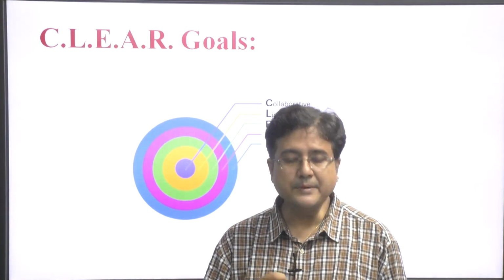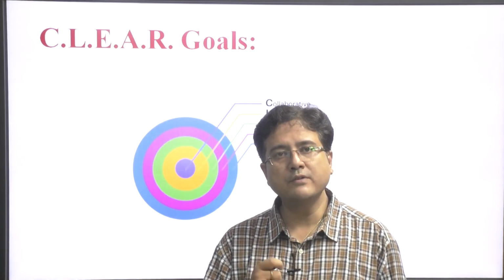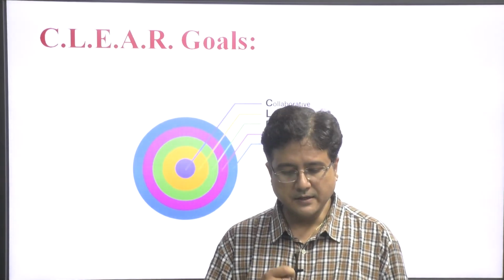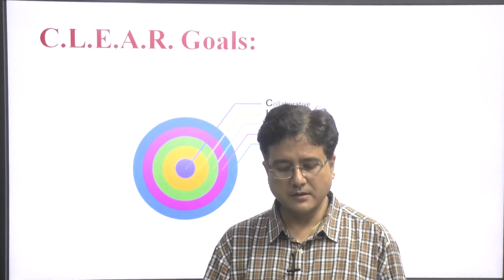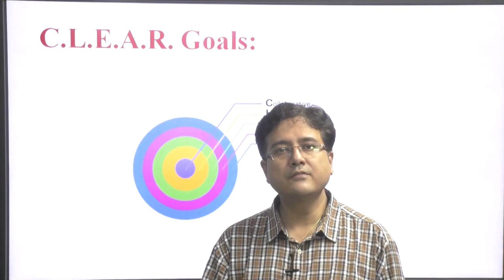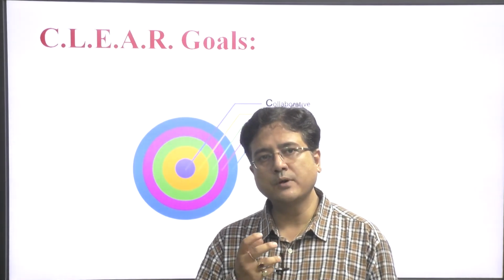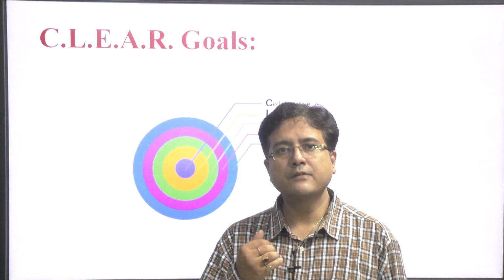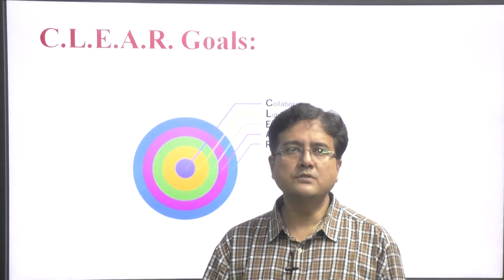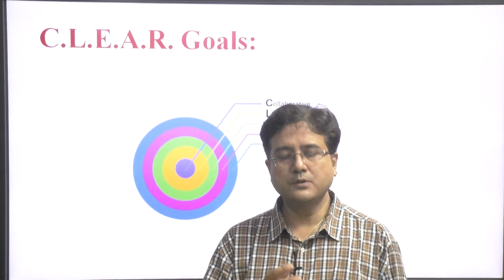Then limited: your resources are limited. You have to be emotionally involved in any project. During the project everything must be appreciable and refinable, your ideas and thoughts must be refinable. So, these are the two tools we use in planning: the CLEAR tool and the SMART tool.